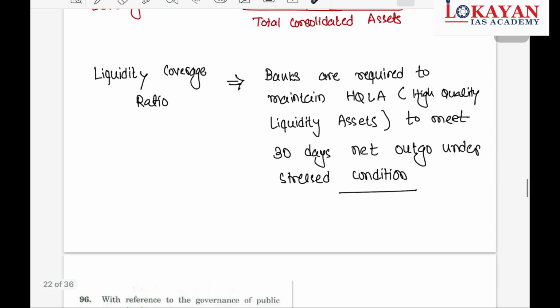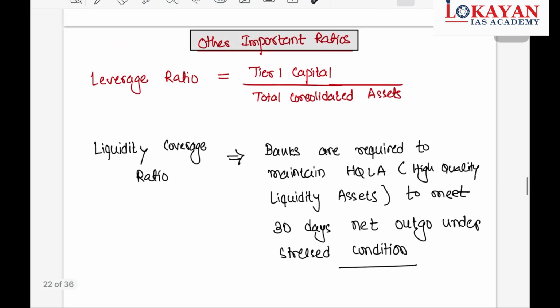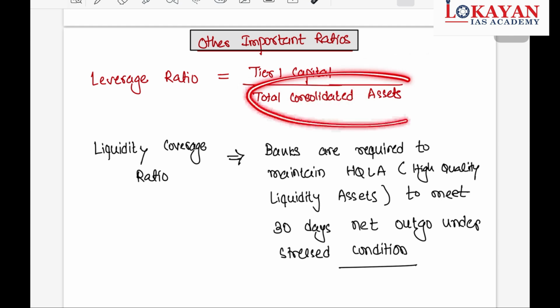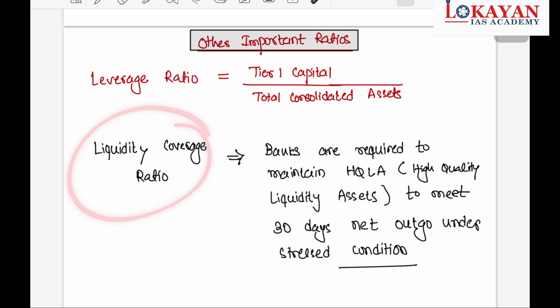Now some important ratios. The first one is the leverage ratio. What is the difference between the leverage ratio and the capital adequacy ratio? Let's see it through the formula. In the case of capital adequacy ratio, we have tier 1 capital plus tier 2 capital in the numerator, and risk-weighted assets in the denominator. Here, we have total consolidated assets. So here is the difference. Now what is the liquidity coverage ratio?